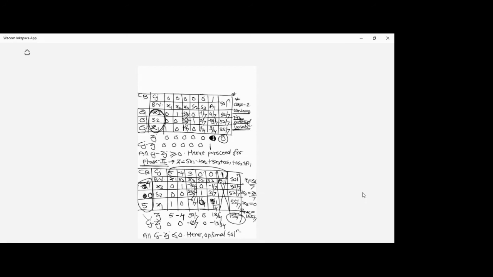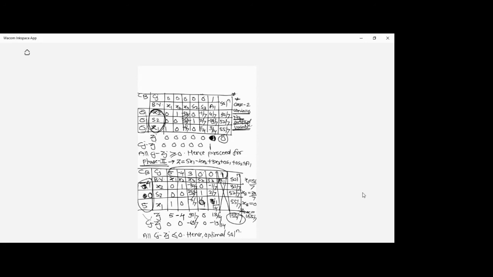Now, for the leaving variable, there is one more thing that you need to understand. We select the variable which has the minimum positive value in the ratio. What happens if a zero value is there in your ratio column?